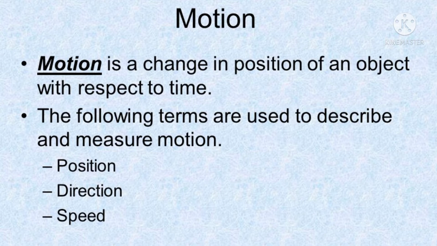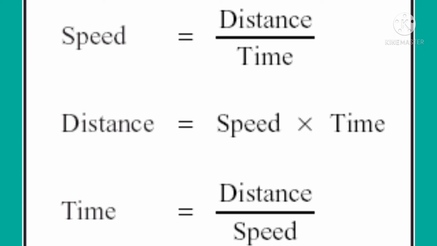Our lesson focuses on measuring motion in terms of the distance traveled and the time of travel. The distance traveled over time of travel gives the speed, or how fast an object is moving.